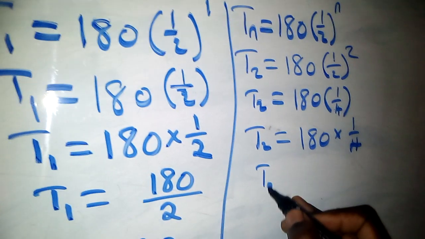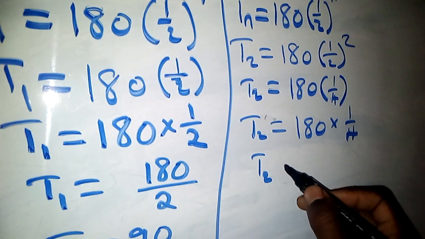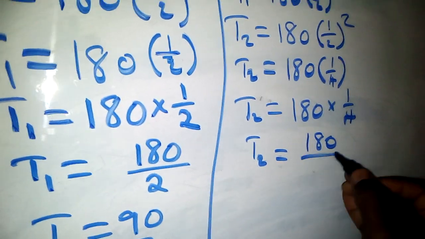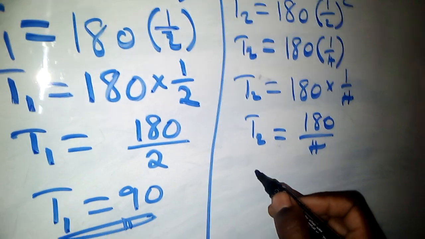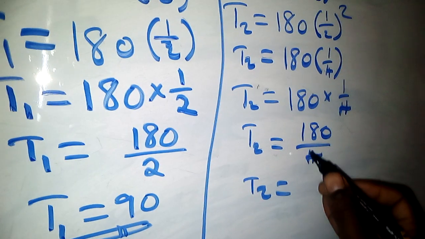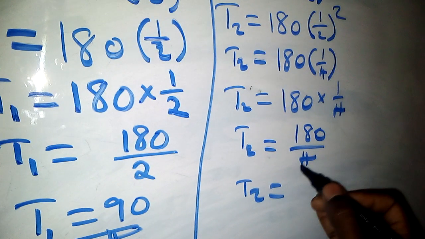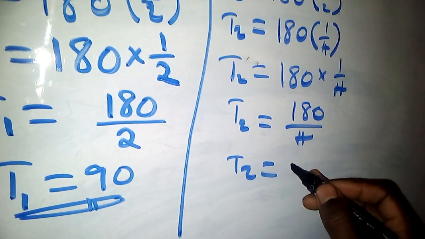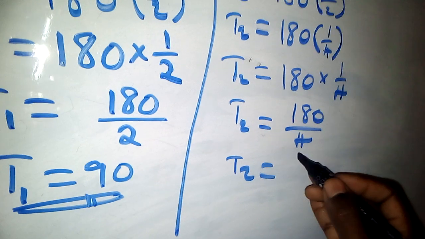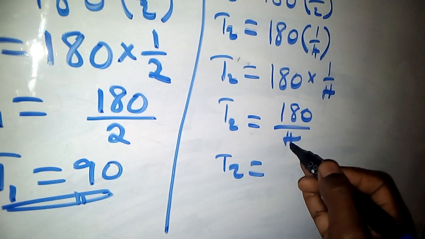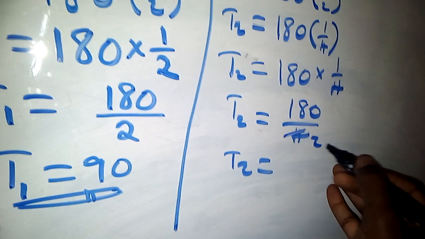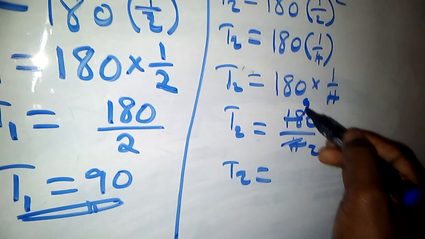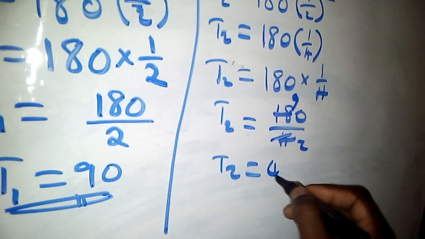Simplifying this, T2, which is the second term, is 180 times 1 is 180, all divided by 4. So 4 into 180: 2 into 4 is 2, 2 into 18 is 9, then 2 into 90 goes 45.